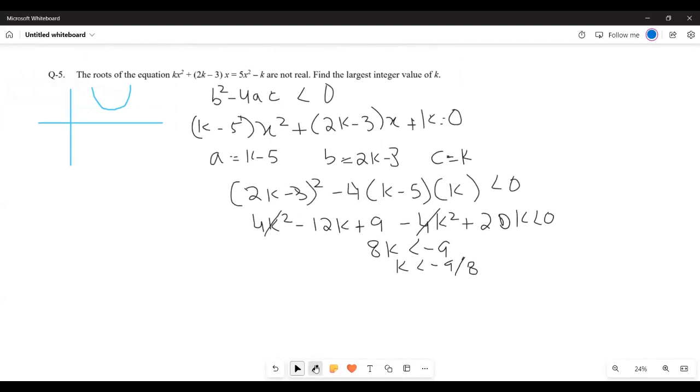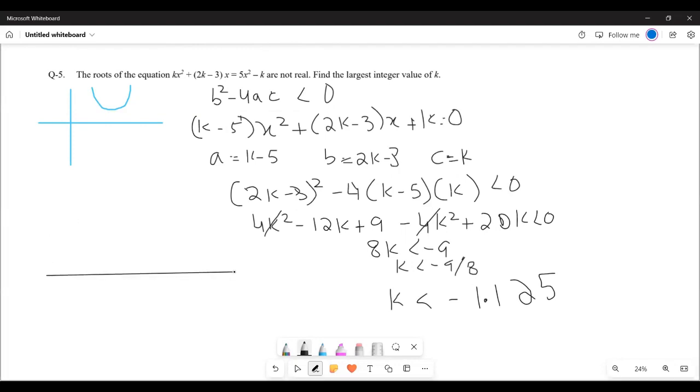So k is less than minus 9/8. Okay, good. What is that in decimals? It is minus 1.125. So we practiced this yesterday. What is the biggest integer value that is smaller than minus 1.125?